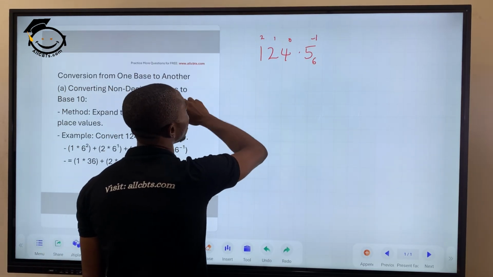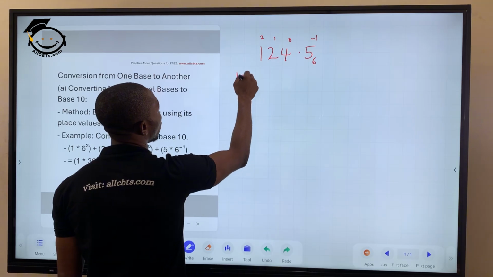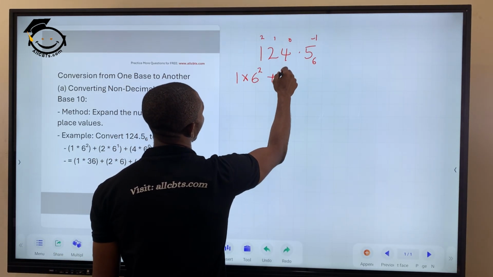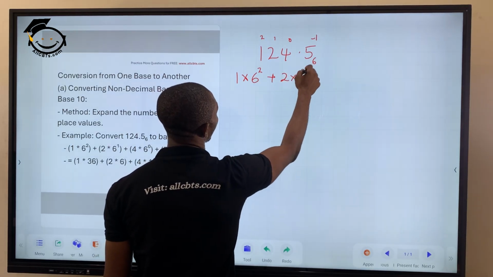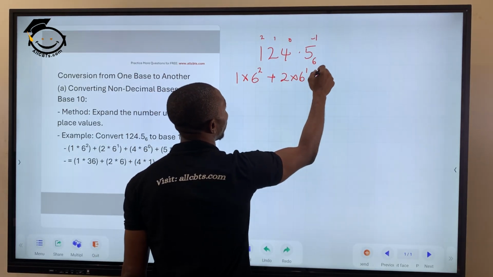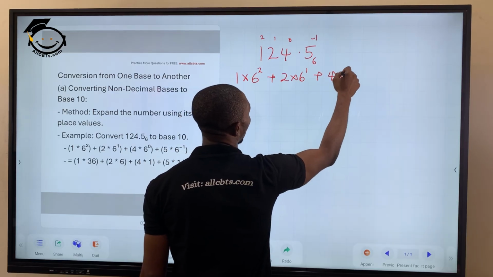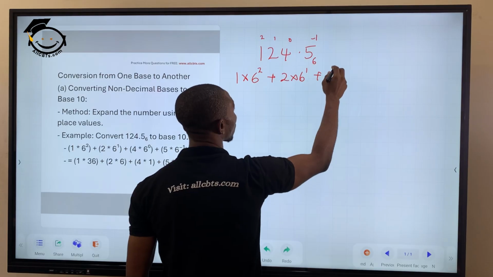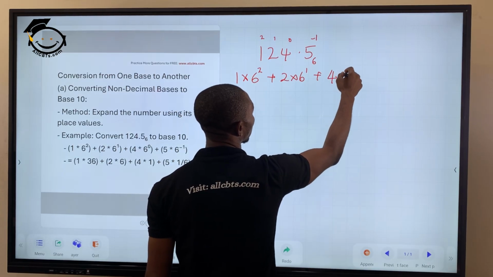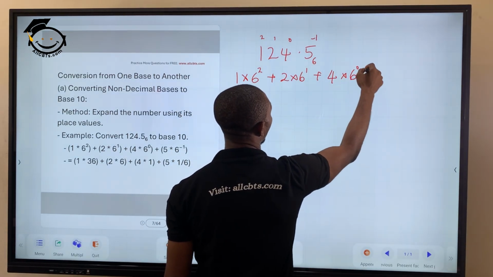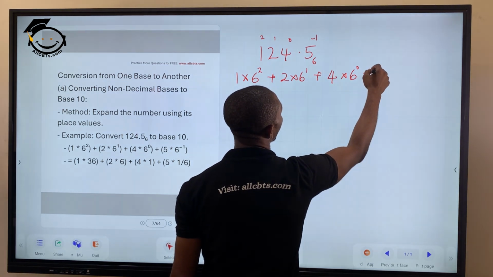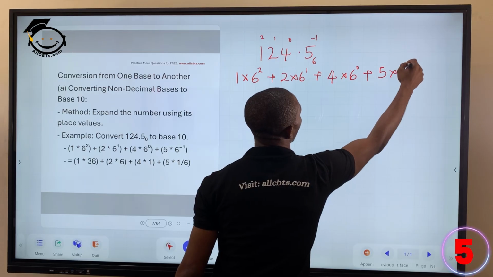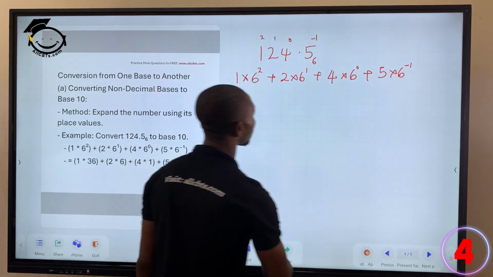So for this, we have 1 times 6 raised to the power 2 plus 2 times 6 raised to the power 1 plus 4 times 6 raised to power 0 plus 5 times 6 raised to power minus 1.